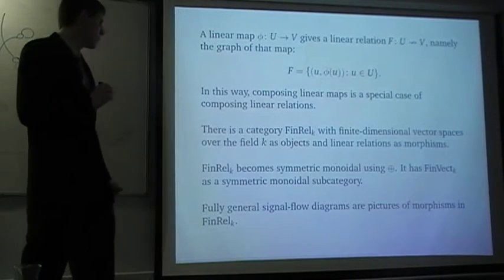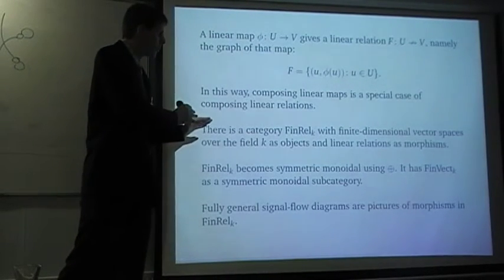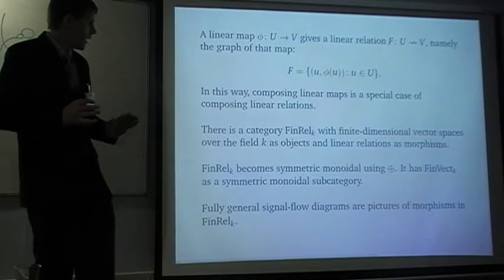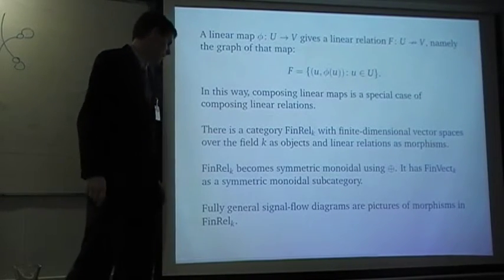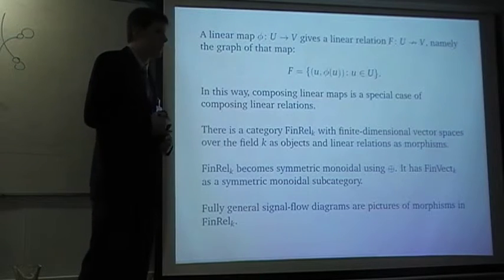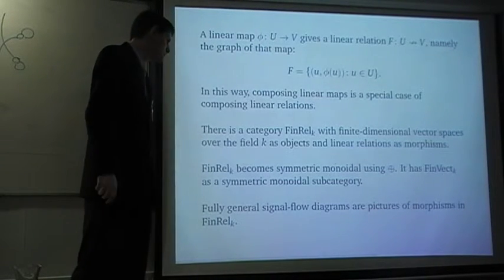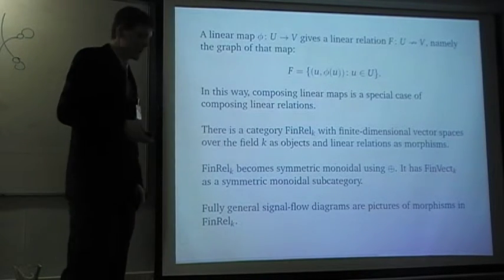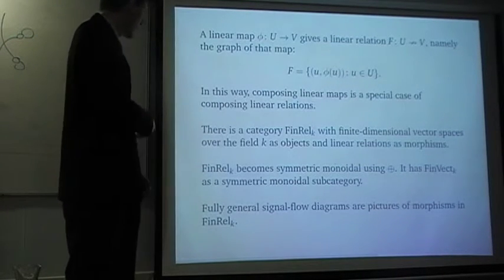And so we've got a second category to work with, finite dimensional vector spaces over field K, with linear relations as morphisms, called Finrel. That's going to include Finvect as a subcategory. And it's going to be symmetric monoidal using the exact same monoidal product, the direct sum. And fully general signal flow diagrams are going to be the pictures of morphisms in Finrel.